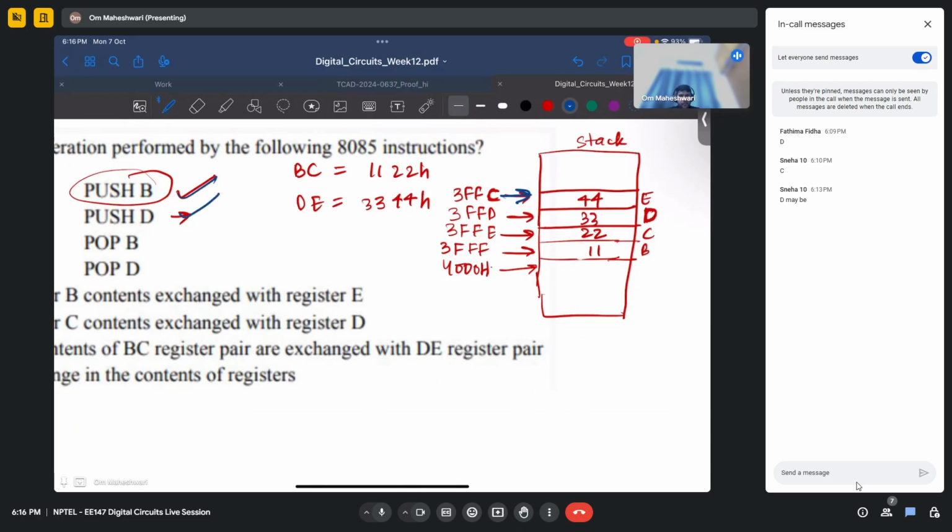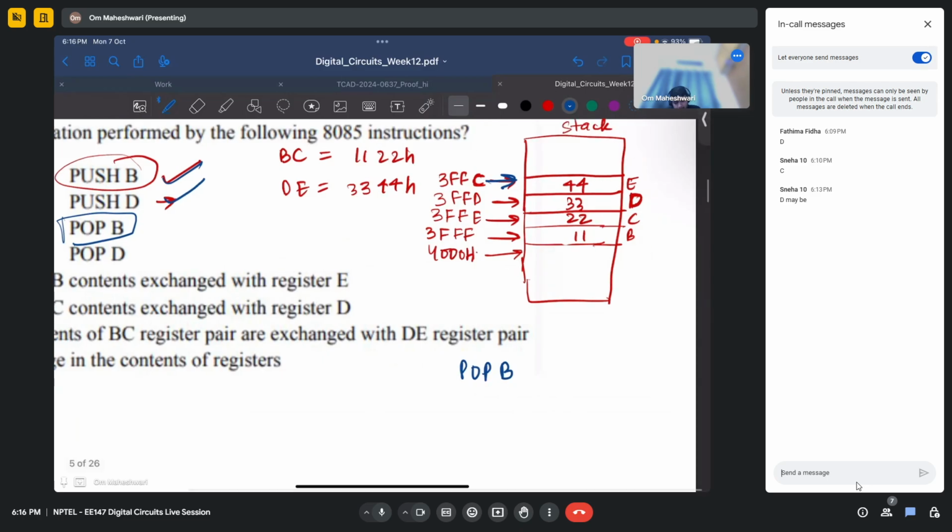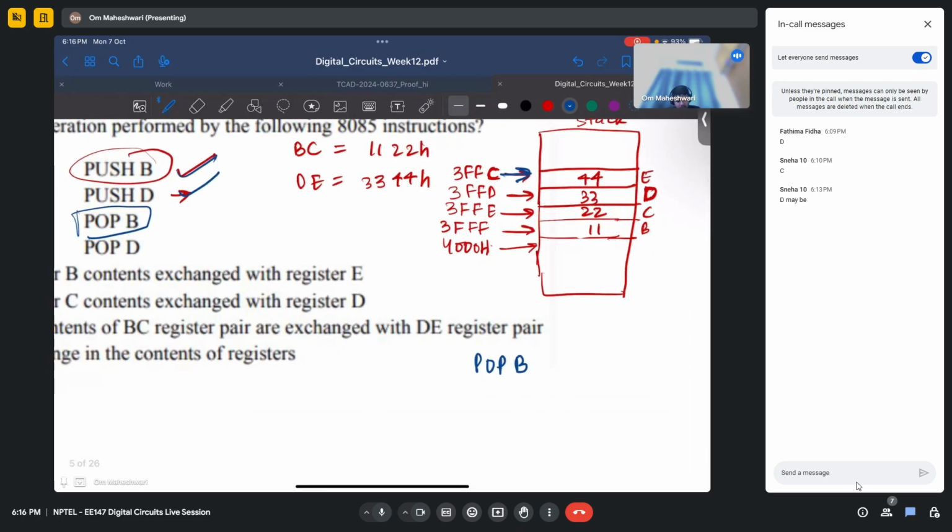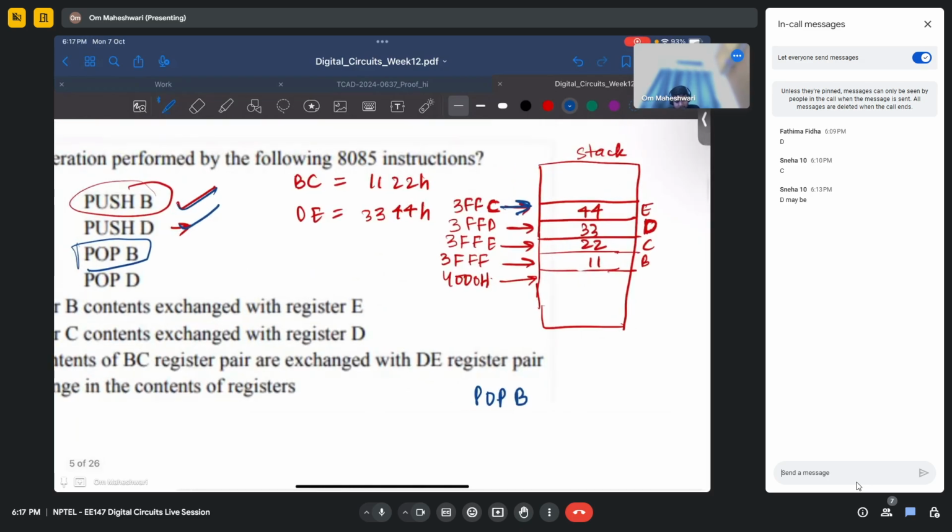Now you start popping. First command is pop B. When you do pop B, it means you want to pop the contents of stack into the BC register pair. So the contents of E will go to C, contents of D will go to B. So your BC would contain now 3344.